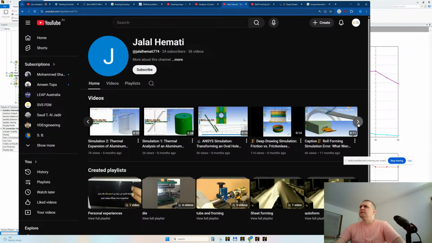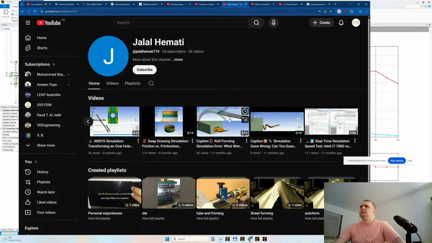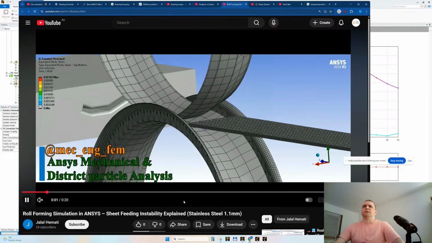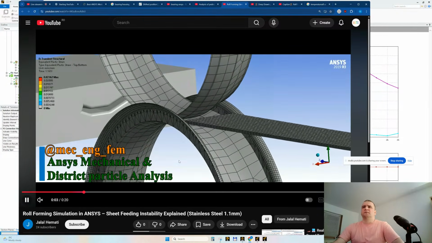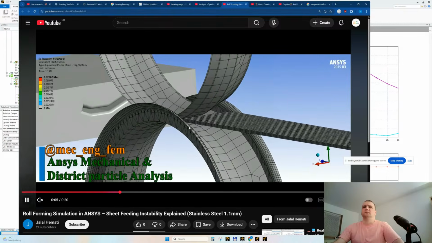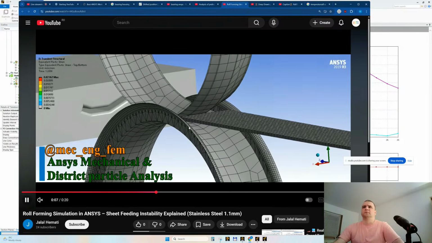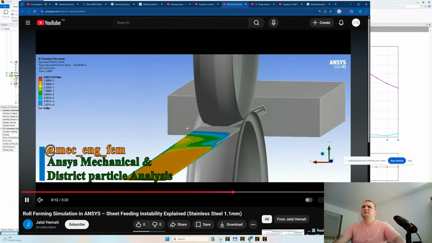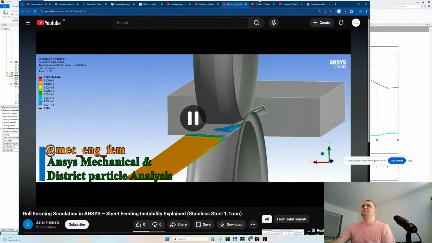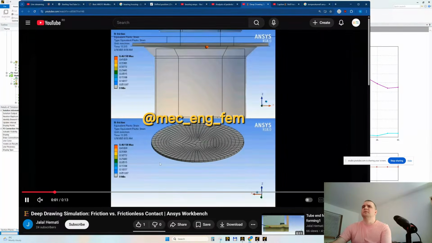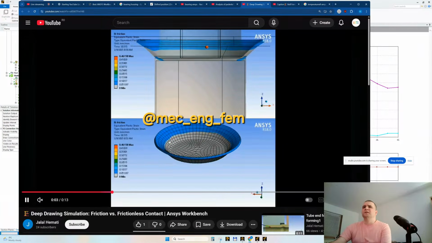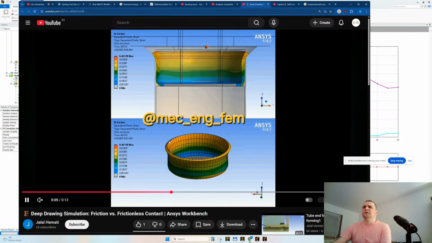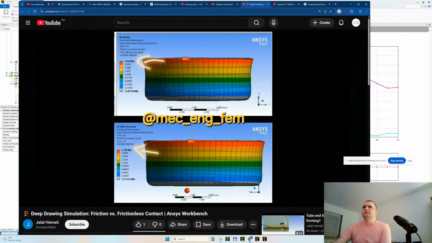Ooh, deep drawing. Roll forming. Let's see. ANSYS mechanical. Nothing happens. So this is 0. Deep drawing.